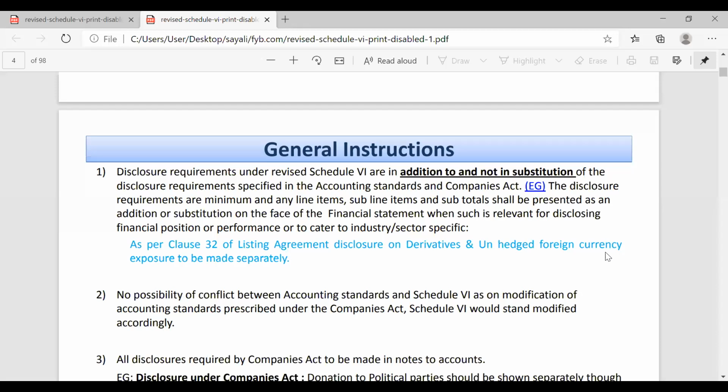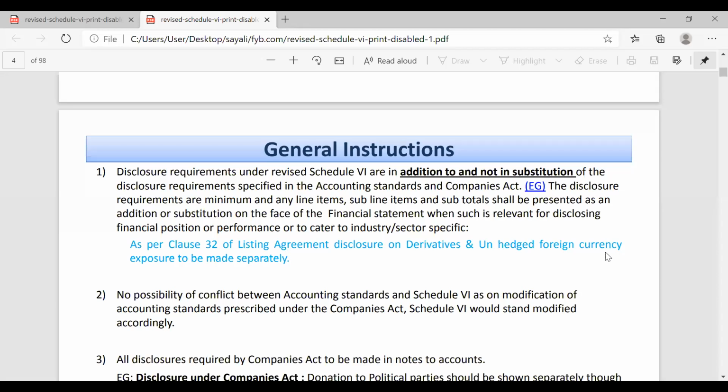For example, the disclosure requirements are minimum, and any line items, sub-line items and subtotals shall be presented as an addition or substitution on the face of the financial statement when such is relevant for disclosing financial position or performance, or to cater to industry or sector specific needs.